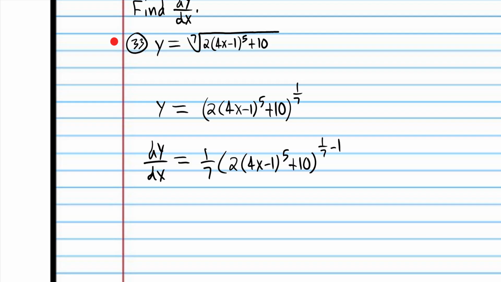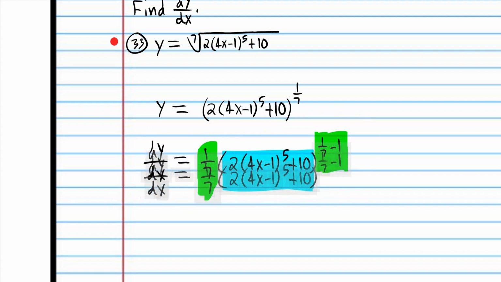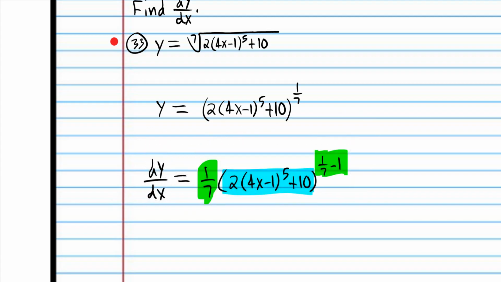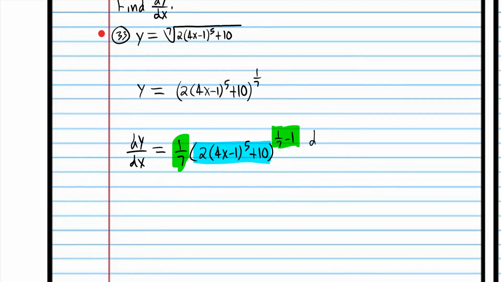So that's the derivative of the outside function, leaving the inside function unchanged. And of course we're going to multiply by the derivative of the inside function. And you can use brackets if you want.